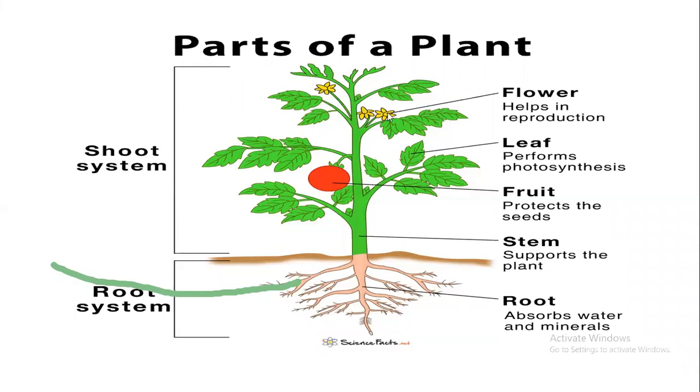You can see here there are leaves, and leaves make food. So how can the other parts of the plant get food? The stem is the main carrier of food from here. So what is the function of stem? It also provides food and water to other parts of the plant.